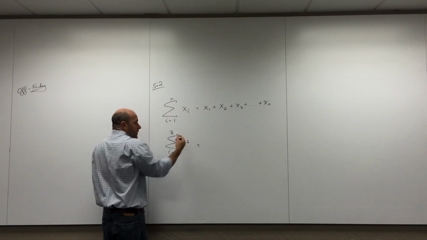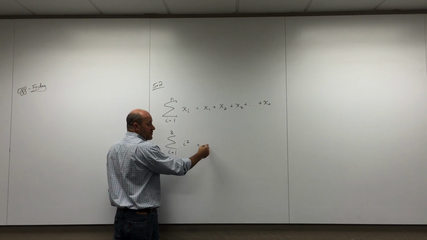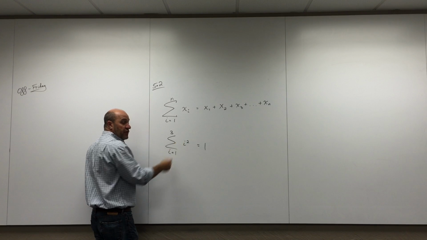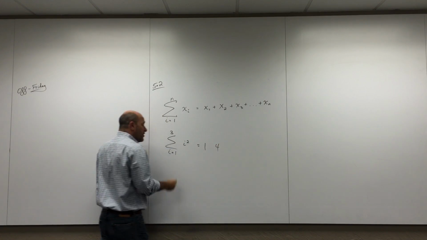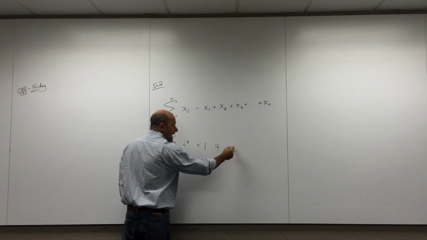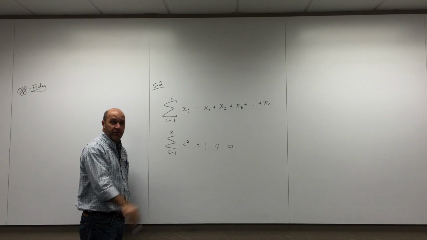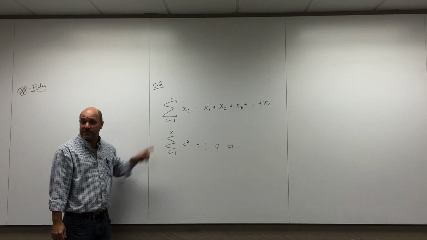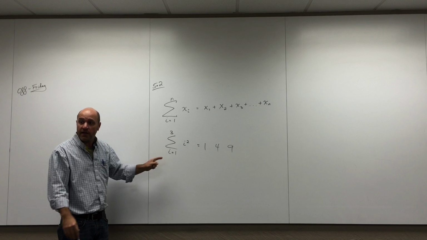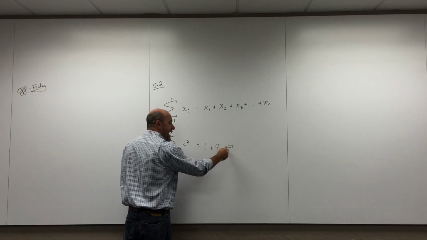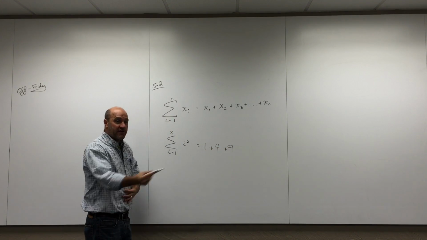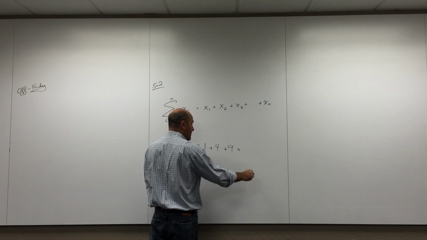Anyway, it's easy. You plug in a 1, you get 1 squared. This is 1. You plug in a 2, you get 2 squared, which is 4. You plug in a 3, you get 3 squared, which is 9. And one more time, what is in between those things? Plus. Thank you. It's because this means summation, and so we add these things. So there's a final answer here. What's the final answer? 14.